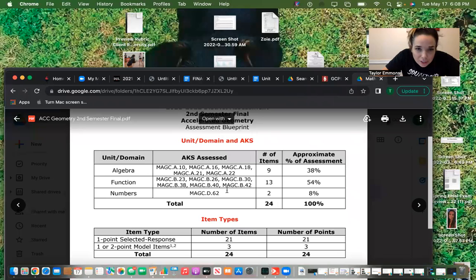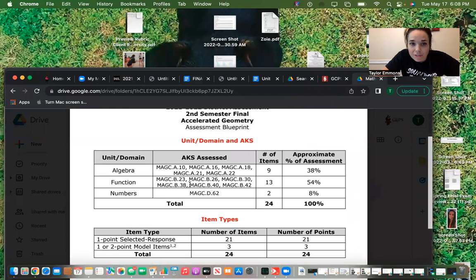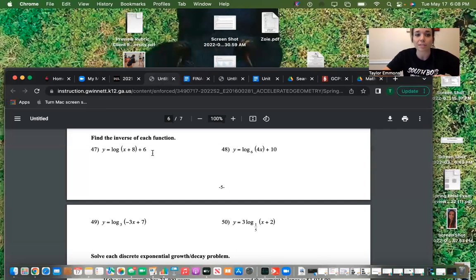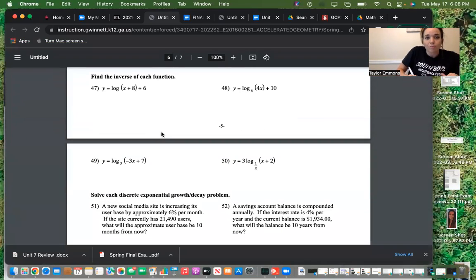It's AKS 38, which is right here. So that's part of that 13 questions. So you're definitely going to see that. So I'm going to go over how to do these inverse functions. Now you will deal with logs in inverse functions, but you could also deal with just regular equations, which I'll show you a version of in just a second.